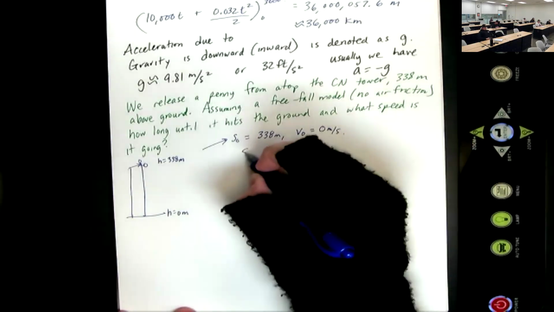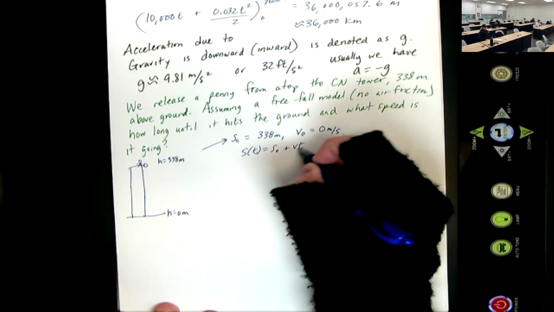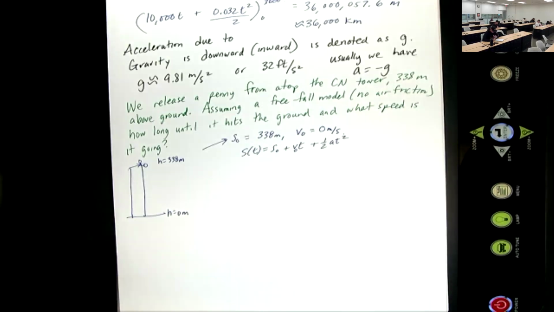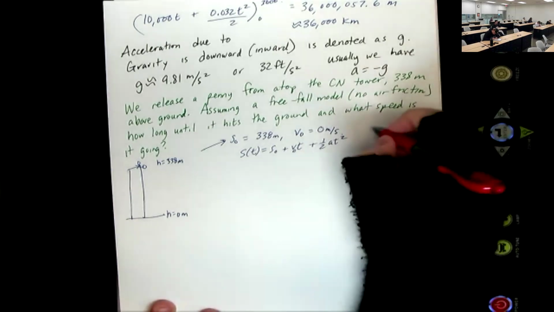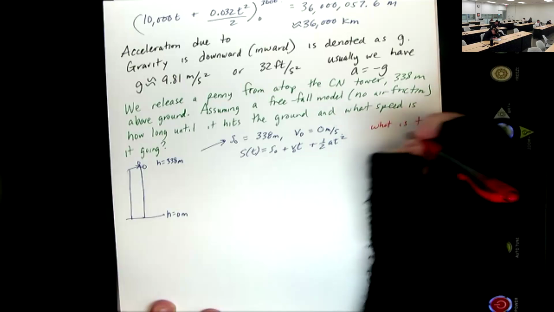So we have S of t equals S naught plus V naught t plus 1/2 A t squared. And we're trying to find the time when we hit the ground.